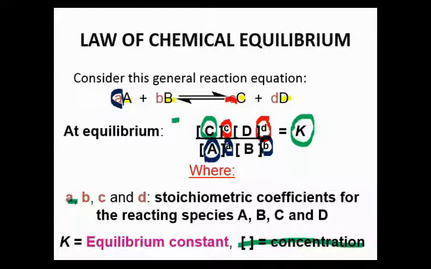And everything is equal to the equilibrium constant, which we indicate as capital letter K. So that is the end of the definition of the law of chemical equilibrium.